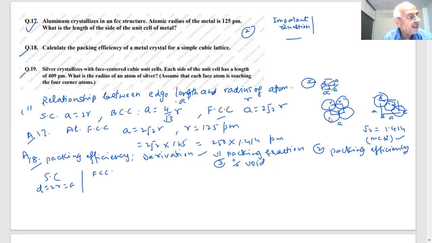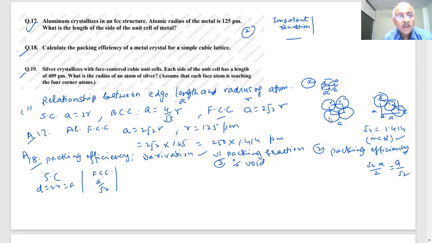Student, this is the diagonal. What is the value of the diagonal here? Root a square plus a square, root 2a, divided by 2. What will that be? a by root 2. Sometimes questions can be put in this way, student.